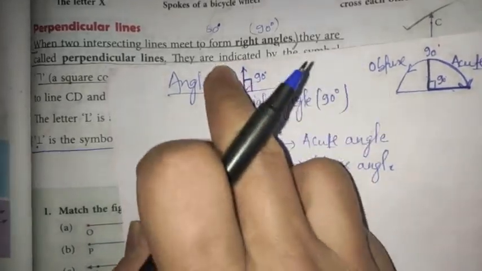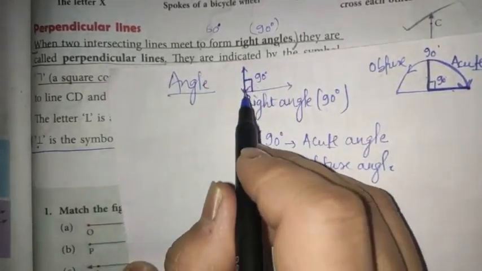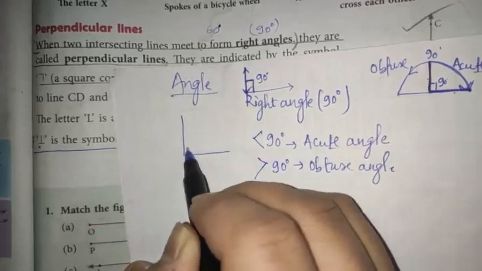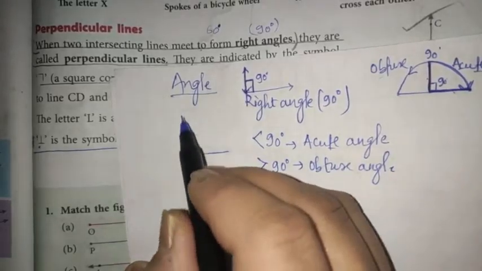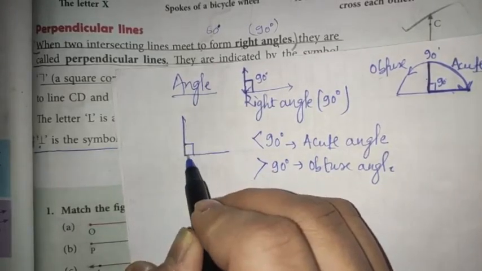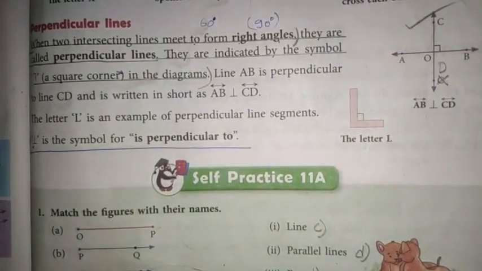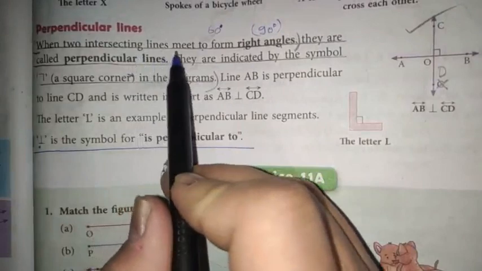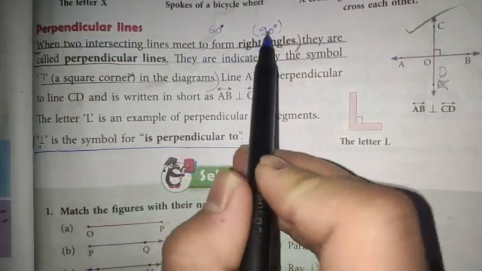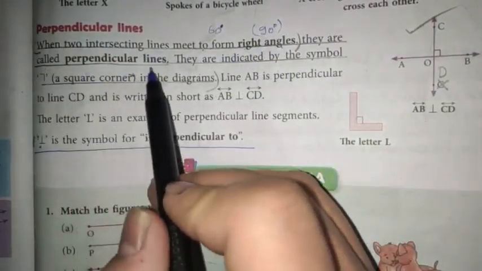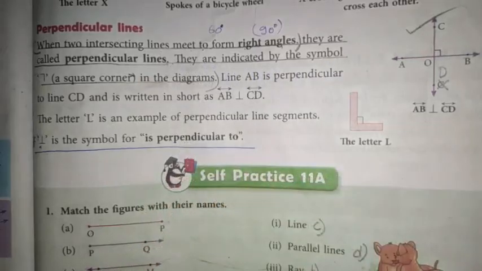So when two intersecting lines meet to form a right angle, the right angle looks like this. So this is a perpendicular line. Just see, perpendicular means 90 degrees. If somebody asks you what is a perpendicular line, then when two intersecting lines meet to form a right angle, that is 90 degrees, they are called perpendicular lines. They are indicated by a symbol.